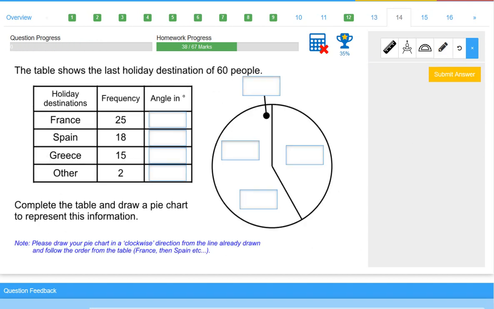We have a pie chart. Now, a pie chart is again a different way of making sense of our data. And with all of these things, you've probably done some pie charts beforehand. If you can't remember, on Show My Homework, I have given you the Maths Watch clips that you can look at.